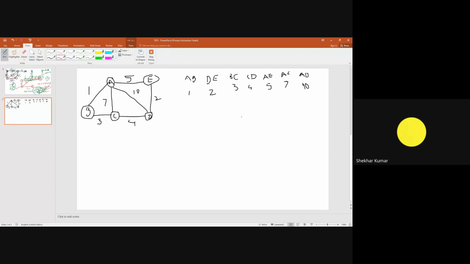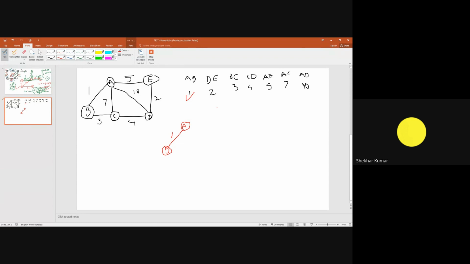The first edge with minimum cost, that is 1, is AB. So I will join AB in the minimum spanning tree because it has the minimum weight, that is 1.